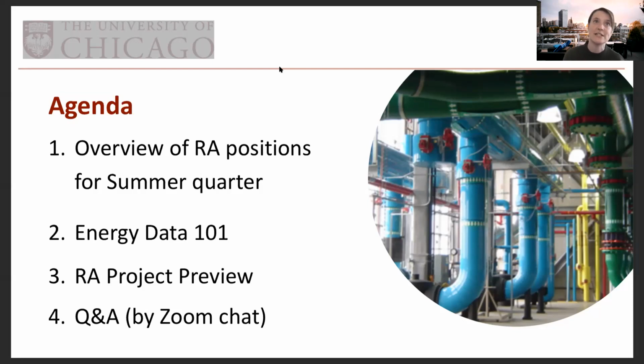As a primer, Professor Moyer is going to give what we're calling Energy Data 101, to walk you through the basics of the type of data that you would be working with, and to pique your interest in what these projects are going to entail.